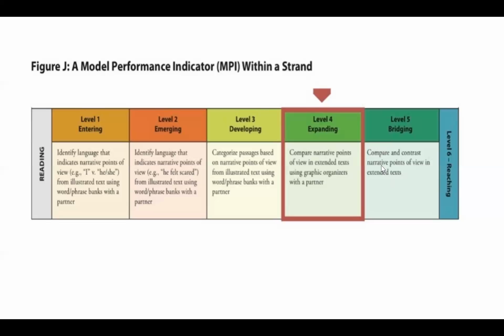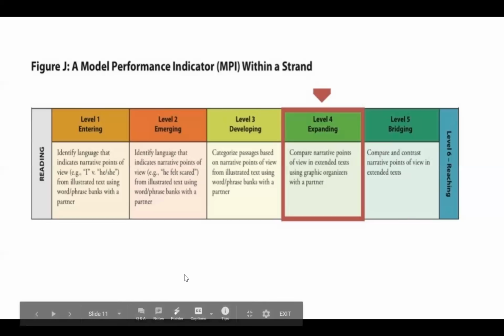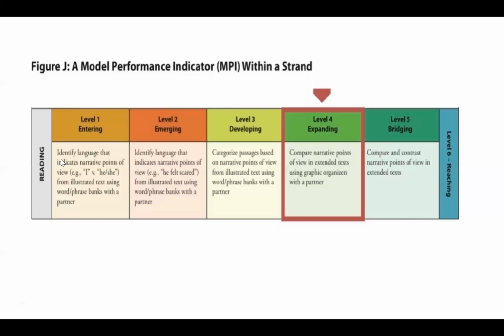So at level 5, we still have an MPI. We're just not needing that extra support. So at level 5, bridging, the student will compare and contrast narrative points of view in extended text. They do not need any extra supports. But back here at level 1: identify language that indicates narrative points of view, for example, I versus he or she, from illustrated text using word phrase banks with a partner.